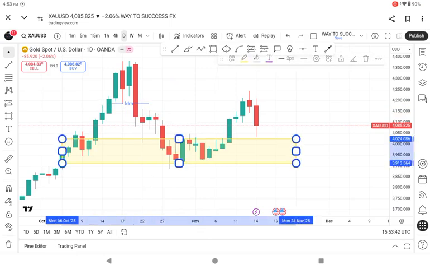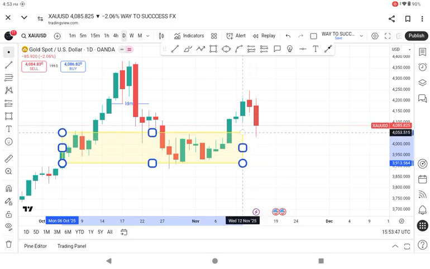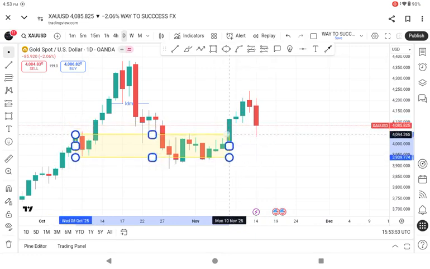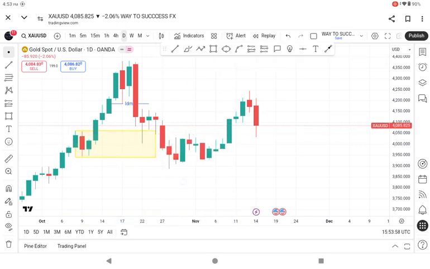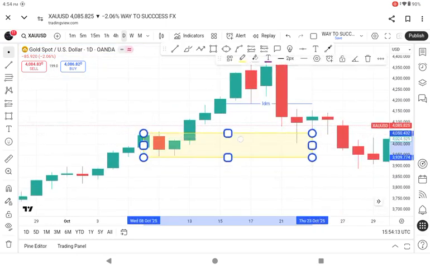So where is my POI? My POI is sitting at this weekly imbalance where we marked, which is this last selling momentum before the buy. You can mark it as an order block, or you can mark it as an order flow. Currently I marked it as an order flow, but if I were marking it as an order block, I will mark it this way.